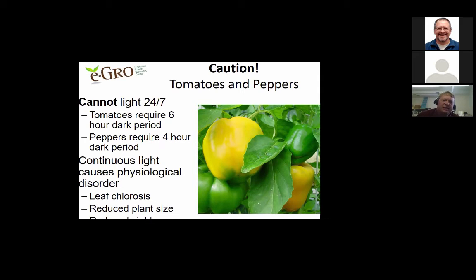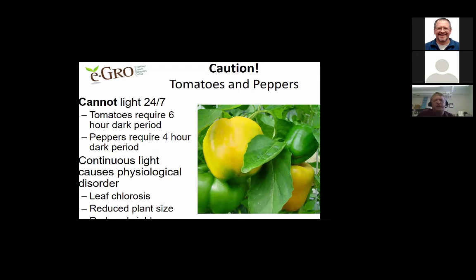The reason is that there's a large literature around physiological disorders if the day length is too long. If we have a day length more than about 18 hours for tomatoes or more than about 20 hours for peppers, we find that leaves turn yellow and get brown spots on them, so leaf chlorosis, reduced plant size, and then reduced yield.